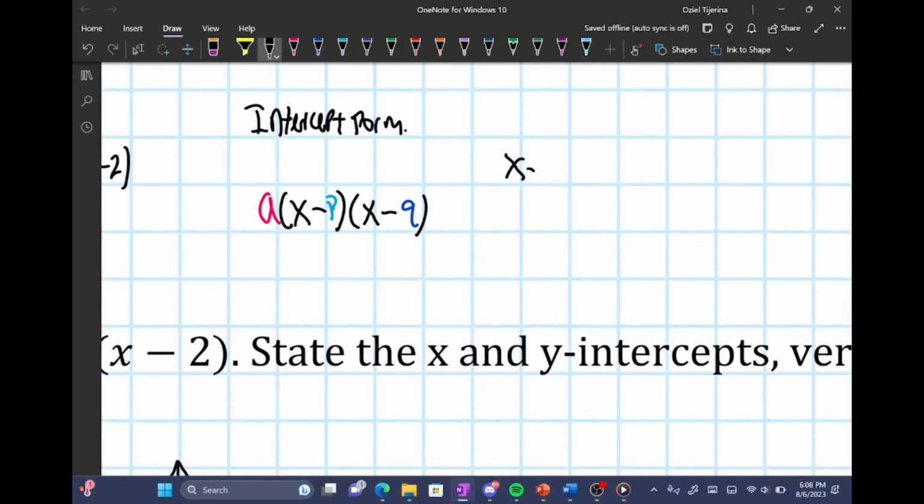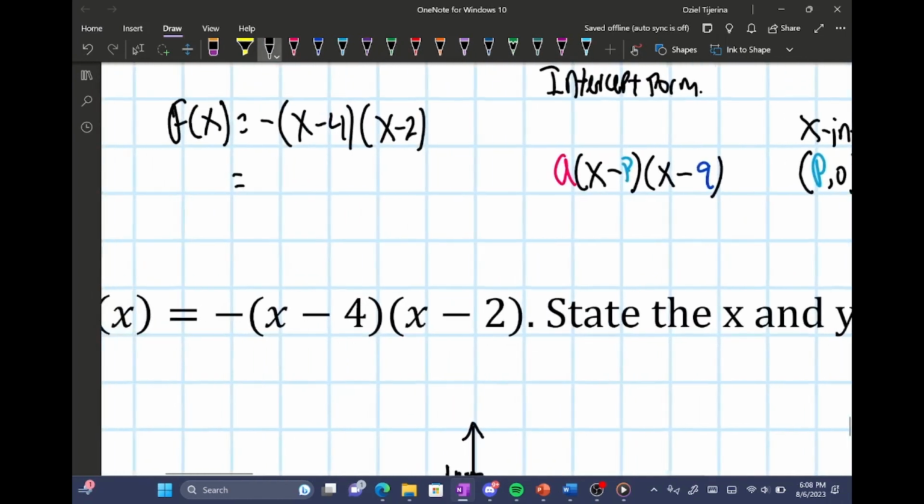So our x-intercepts would be at p comma 0 and q comma 0. I want to emphasize that that's a q and not a 9, so I really want to make that clear.